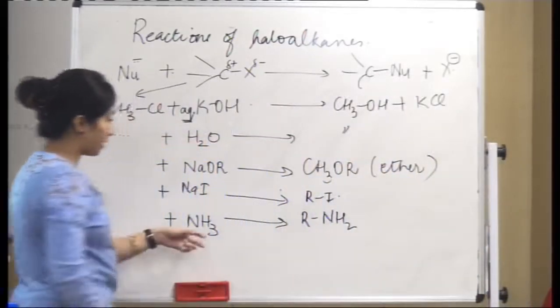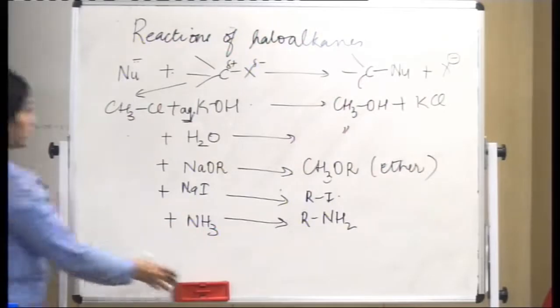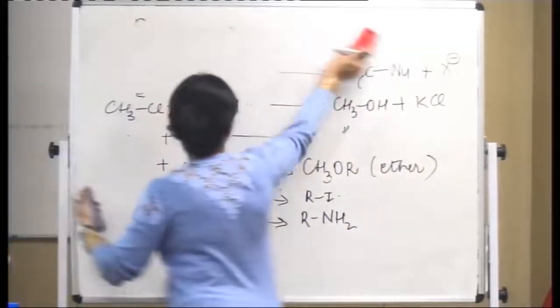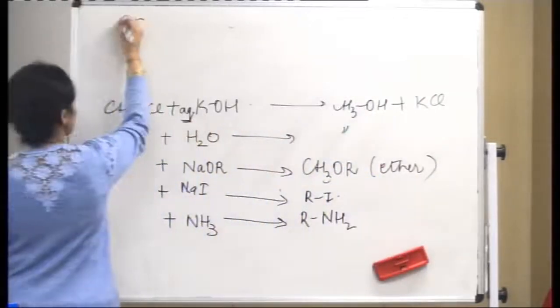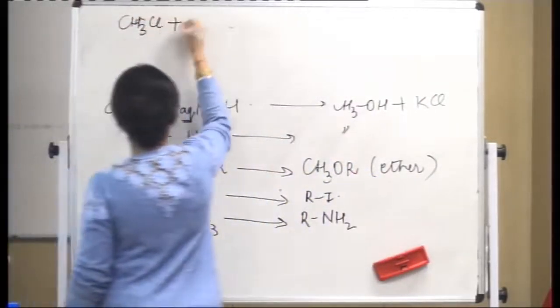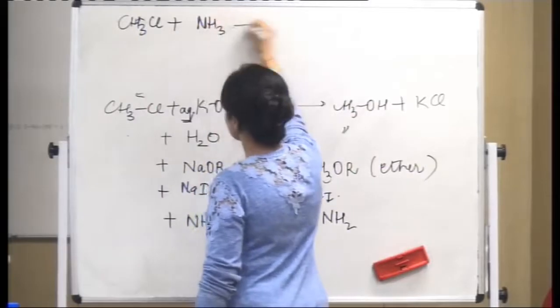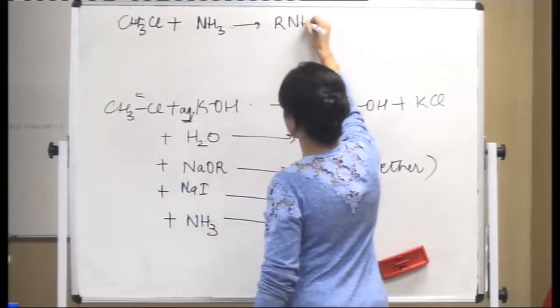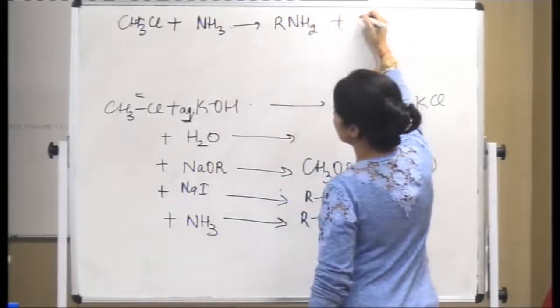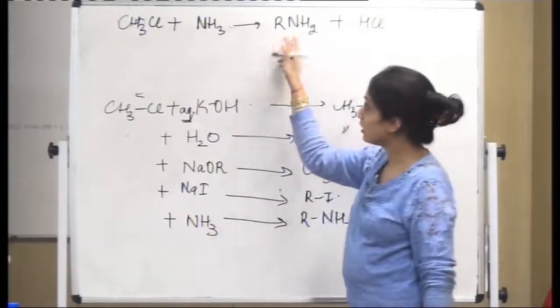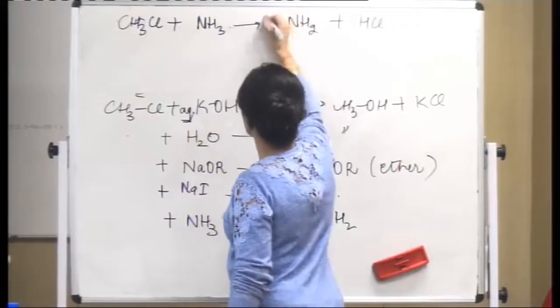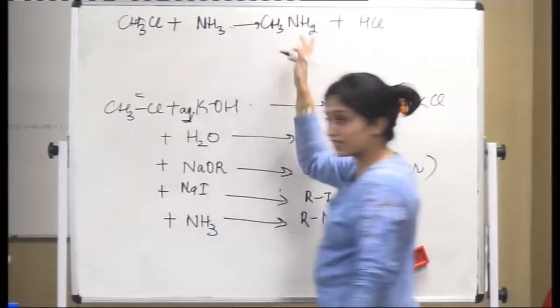And again remember, when I am talking about this reaction of adding ammonia, look up, you have CH3Cl plus NH3. This is forming RNH2 plus HCl. So this became our primary amine. If I have taken CH3, let me just write it as CH3 only. So this became my methylamine.